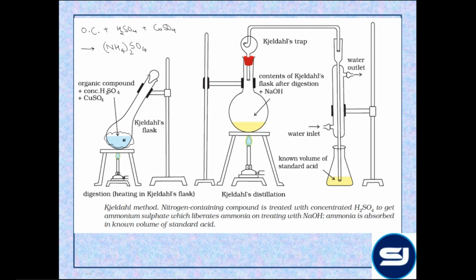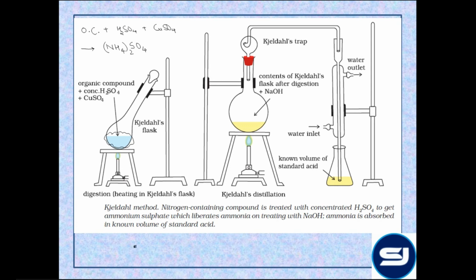Now this content of Kjeldahl flask is digested, meaning heated at a high temperature, and added with NaOH in this round bottom flask. So this is a different RB flask with a long neck called Kjeldahl's flask. The contents of the flask are transferred into this round bottom flask after digestion, meaning heating at a high temperature and then added with NaOH.